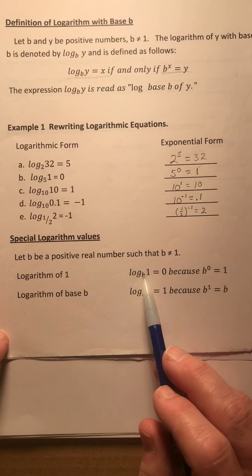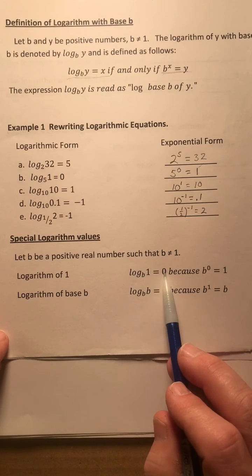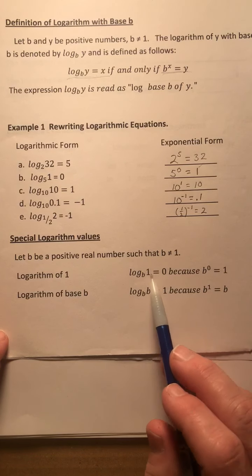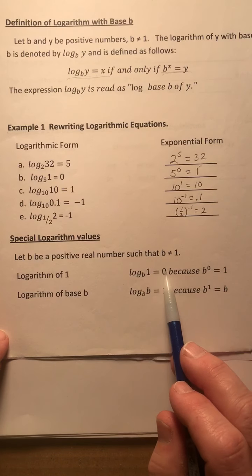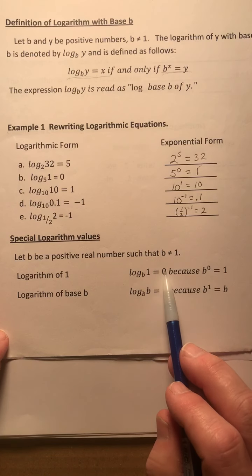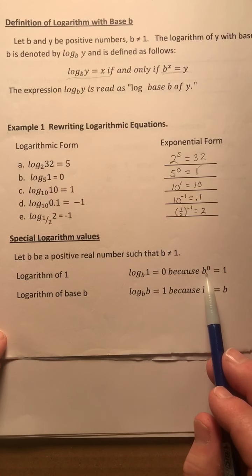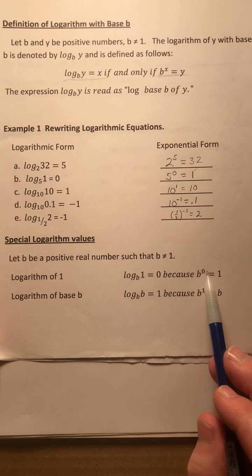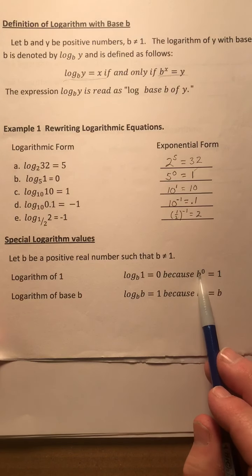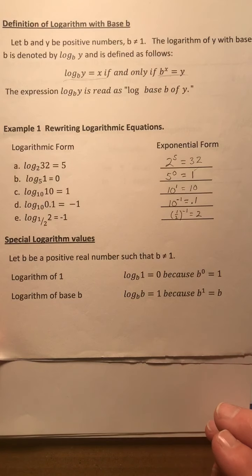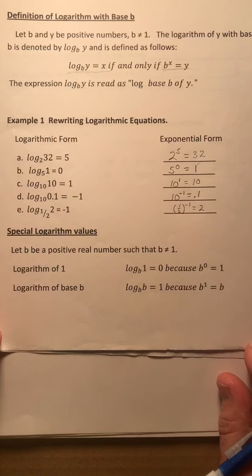You could have log base 50 of 1, the answer is 0. Log base 100 of 1, the answer is 0. Log base 1/2 of 1, it's going to be 0. When we rewrite it in exponential form, we're going to have this to the 0 power, and it doesn't matter what that is, to the 0 power, it's always going to be 1, as long as it's not 0.